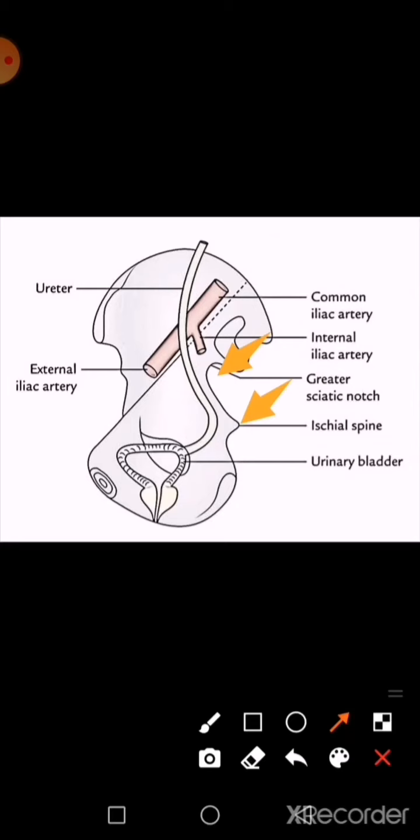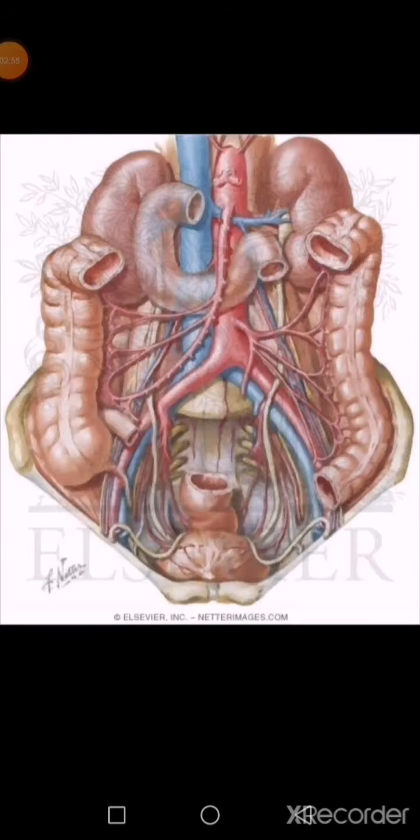Now let's talk about the relations. This is an image from Netter's, and we'll be dividing the relations into the relations of the abdominal part, the relations of the pelvic part, and also the relations that can be found round about the hilus of the kidney.